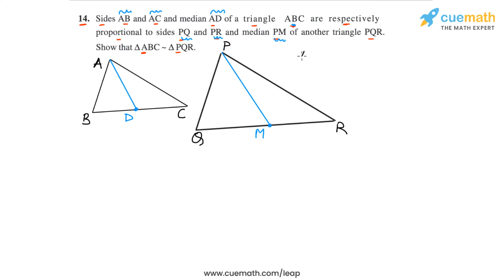We are basically given that AB by the corresponding side PQ is equal to AC by the corresponding side PR, which is equal to the ratio of the medians, AD by the corresponding median PM. So this is what is given to us, and we have to show that triangle ABC must be similar to triangle PQR.